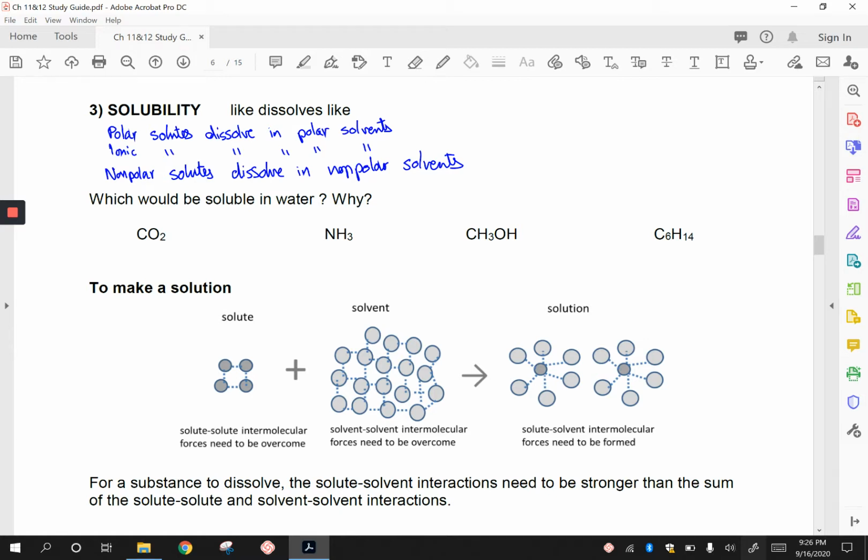And last year, we compared polar substances to magnets and nonpolar substances to marbles. If you have two different colored magnets and you try to mix them, they will mix because the north will attract the south from a different magnet. It doesn't matter what color the magnet is. What matters is you have opposite ends, just like the opposite charges here.